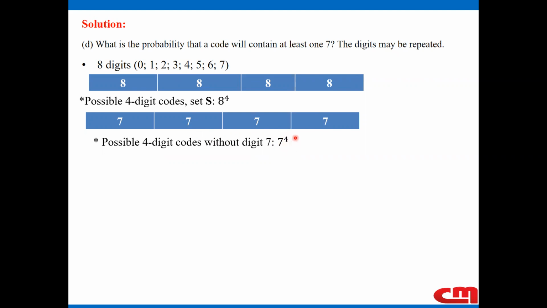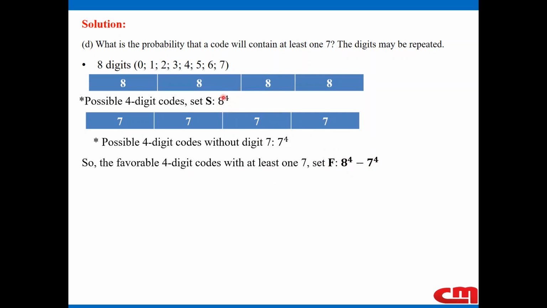So if that is the case, we have a result without any 7, and a result with those codes with 7 and without. Therefore, if I remove this from this, I'll remain with the number of codes with at least 1 7. So for the favorable 4 digit codes with at least 1 7, set F, it is equal to 8 to the power of 4 minus 7 to the power of 4.